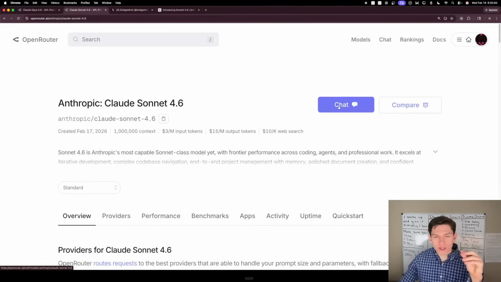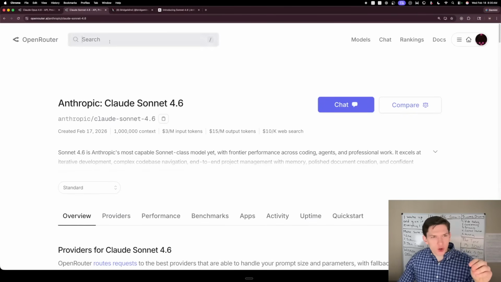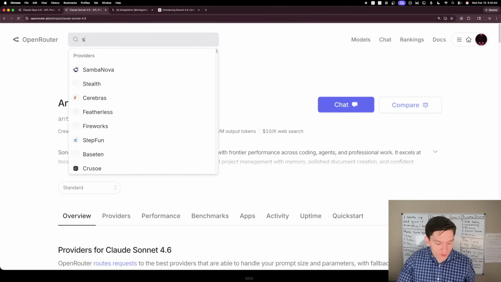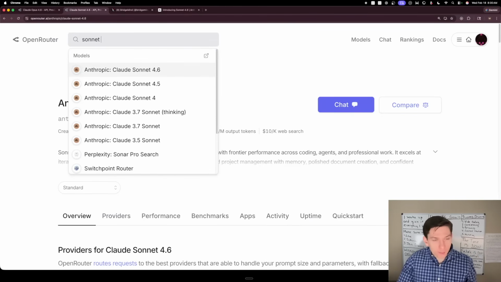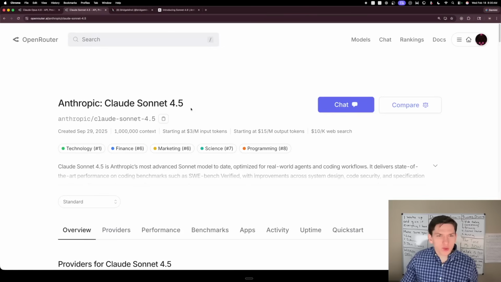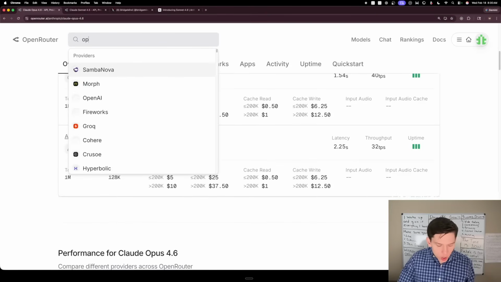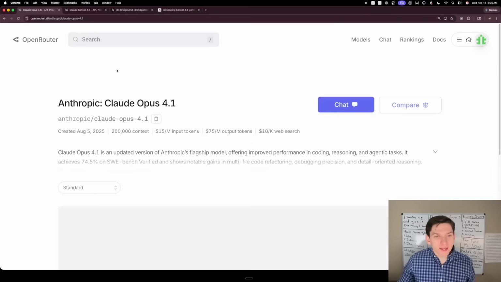But something I do want to emphasize is that if you guys remember, Claude Sonnet 4.5 was very, very popular. The reason that it was popular is that at the time Claude Sonnet 4.5 was the best model that Anthropic had, Opus 4.1 was the leading Opus model.